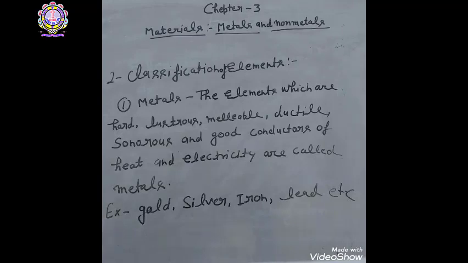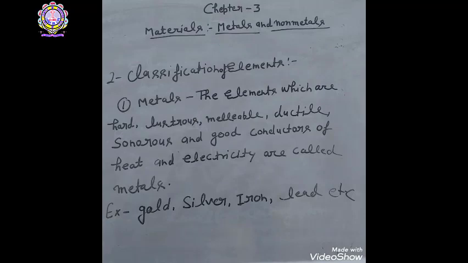All metals are solids, but some metals like mercury, francium, cesium, gallium are found in liquid form. So these metals are exceptional metals.